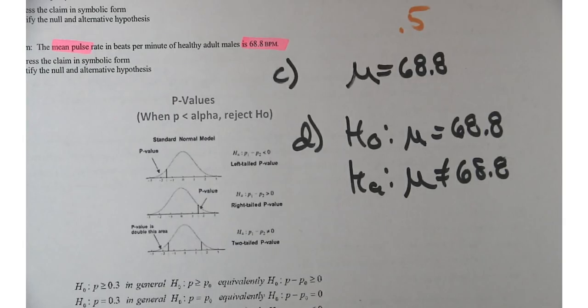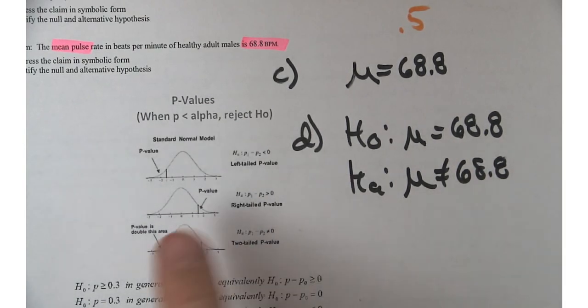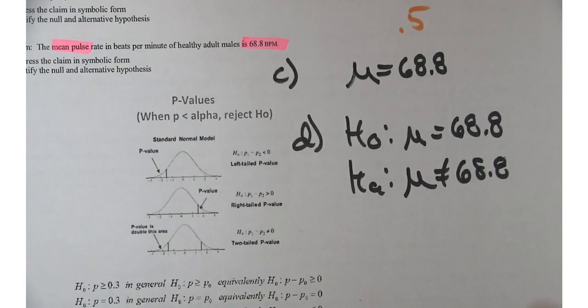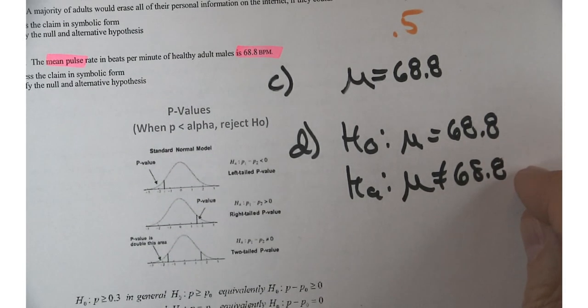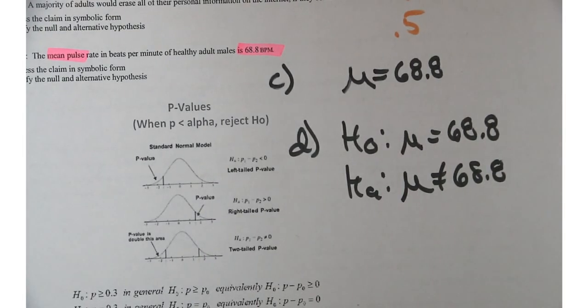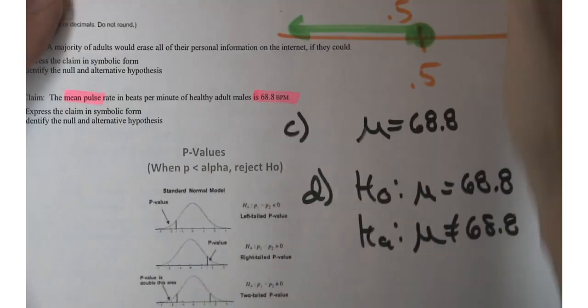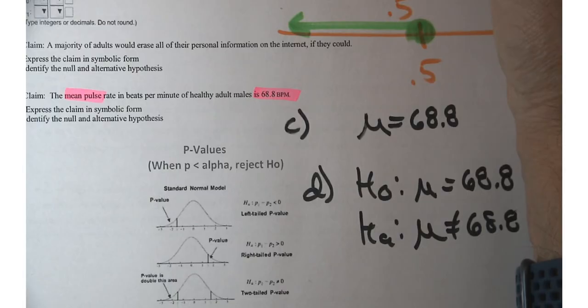We're going to get some more practice with that. But one of the things that's going to help us decide where we're going to go with this, in terms of do we believe the null hypothesis or do we think that the alternative hypothesis is true, is working with something called a p-value. So let's move on and work with p-values next.